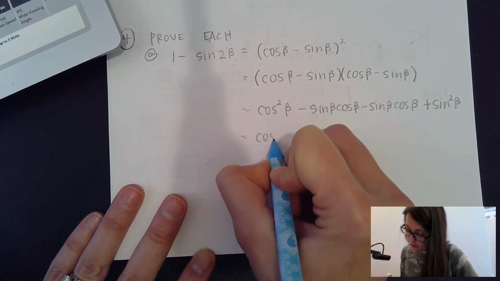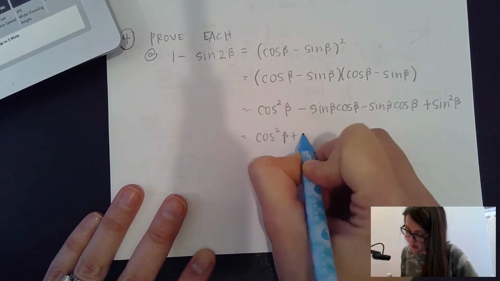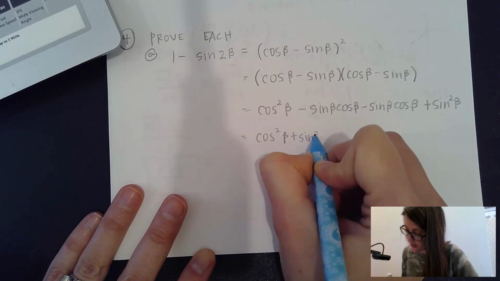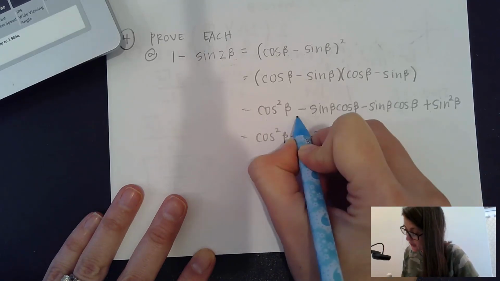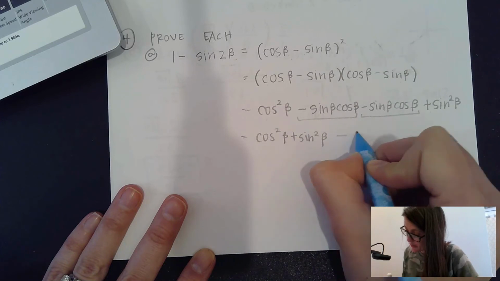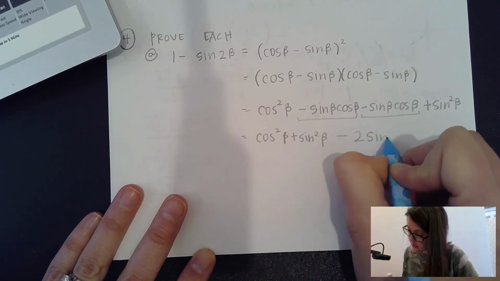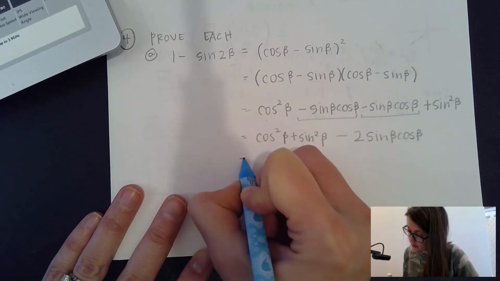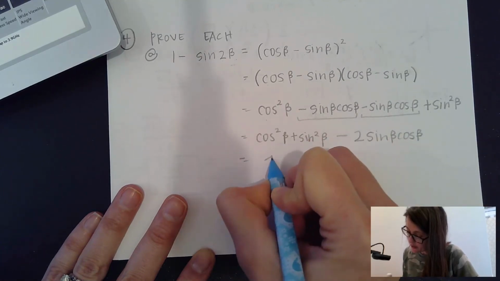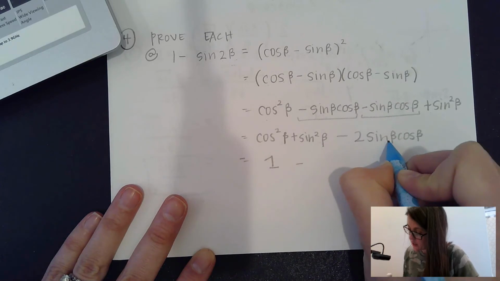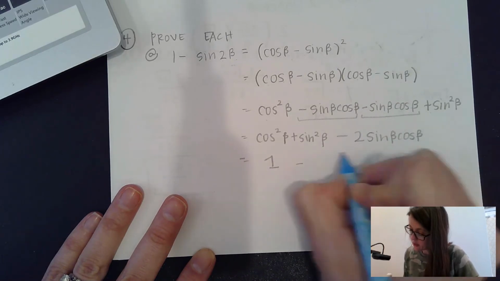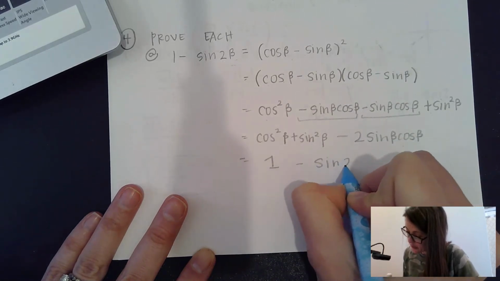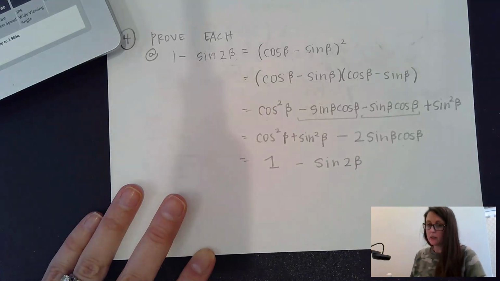So cosine squared b plus sine squared b turns into a 1, right? Can combine these, so this turns into a minus 2 sine b cosine b. And then 2 sine b cosine b is the double angle formula for sine. So this will be sine 2b. And that's what we were looking for.